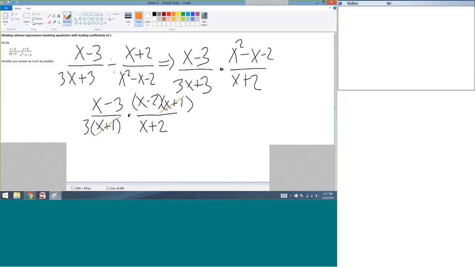Everything else doesn't seem like we can cross anything. Nothing else seems to match. So we can go ahead and multiply straight through. So we have x minus 3 times x minus 2 all over 3 times x plus 2. And again, nothing matches, so that's all we can do.